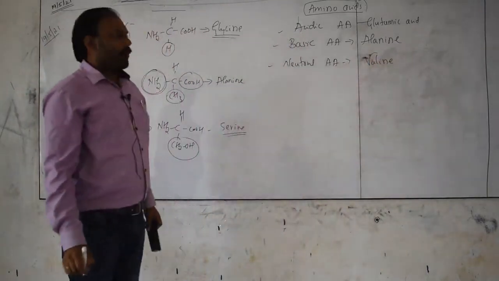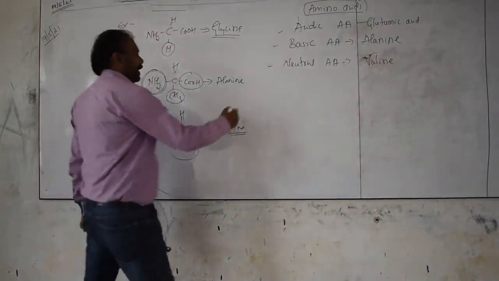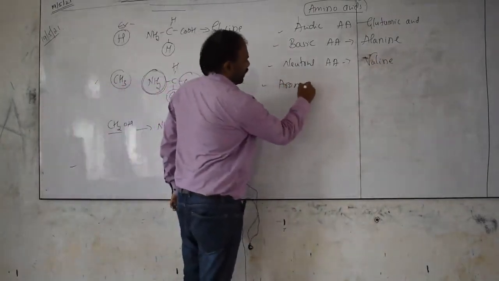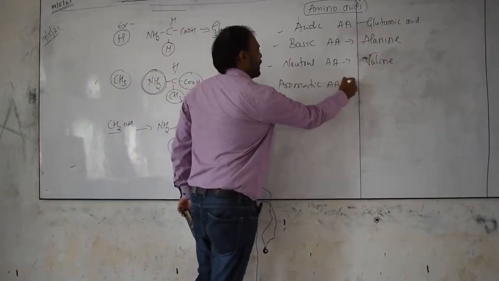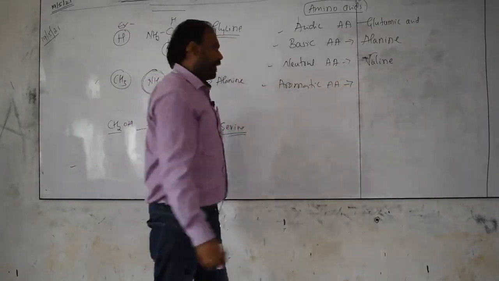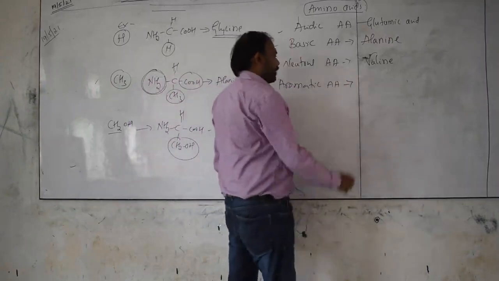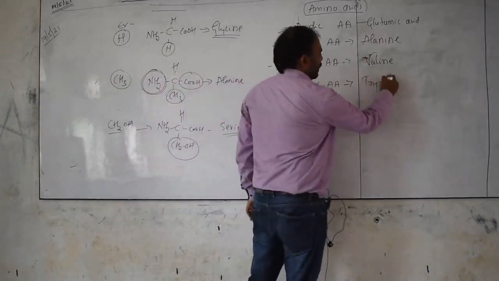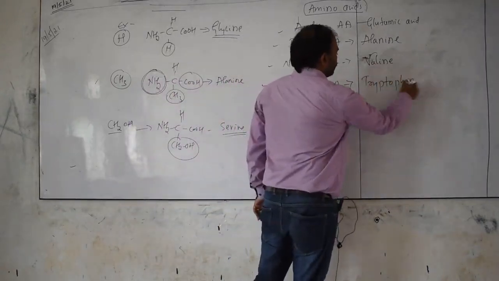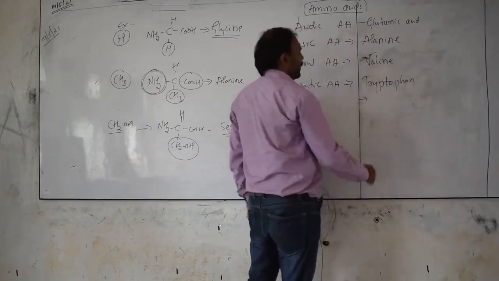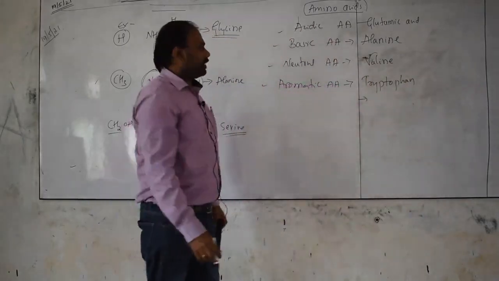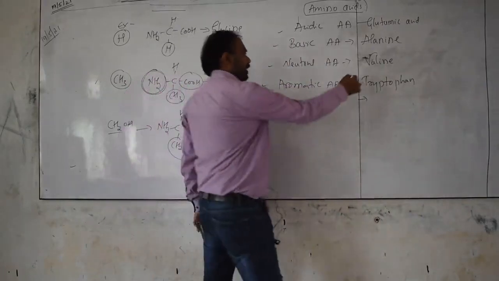Example, valine. At the same time, you will have some aromatic amino acids. Here, aromatic amino acids, example, tryptophan. Best example is tryptophan.